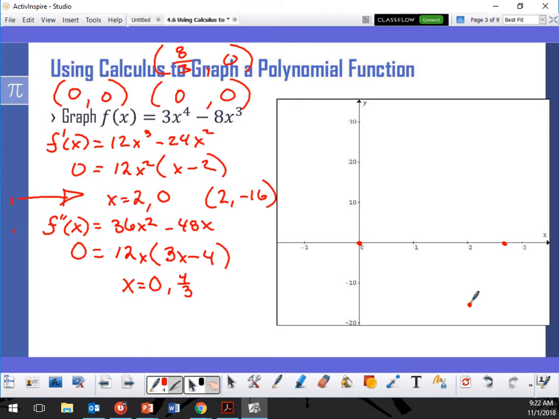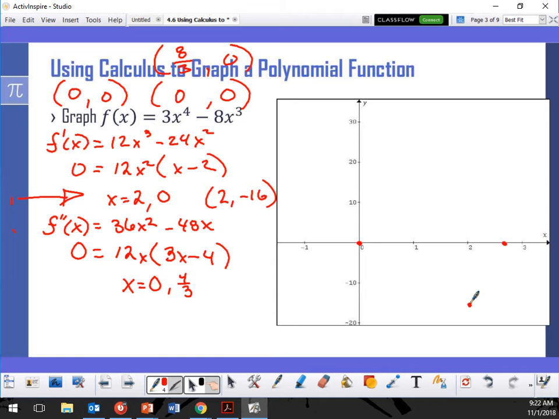So because of that, I'm going to have to do a test with the second derivative. To figure out if it's a min or max, let's plug 2 into the second derivative. Okay, and that's going to test my concavity.